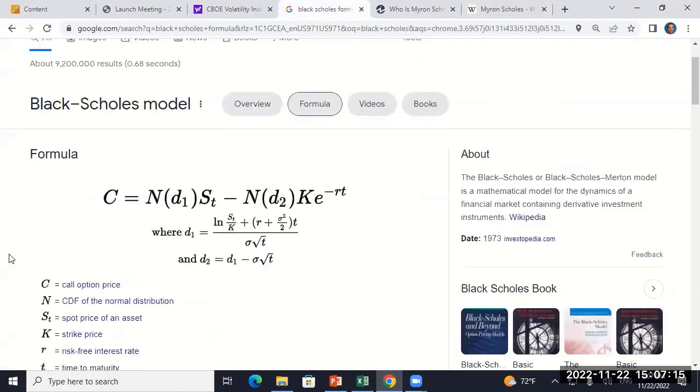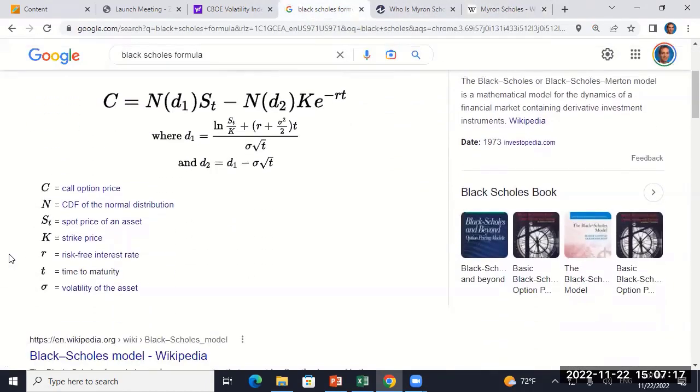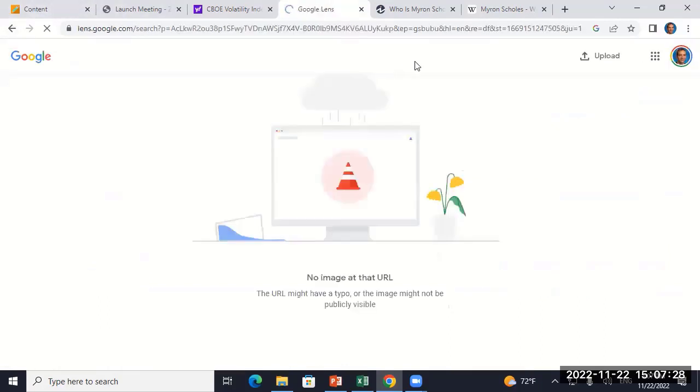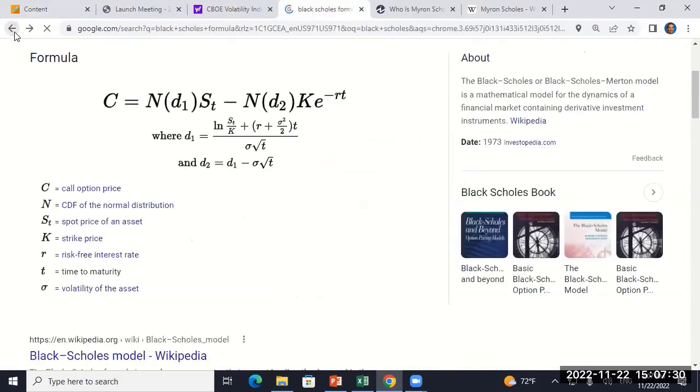So here's the formula. It's actually a fairly simple formula. It's one you could set up in Excel very, very easily. So let's look at it. So there's S. What does S stand for? Underlying stock price. K, what is K? Strike price.